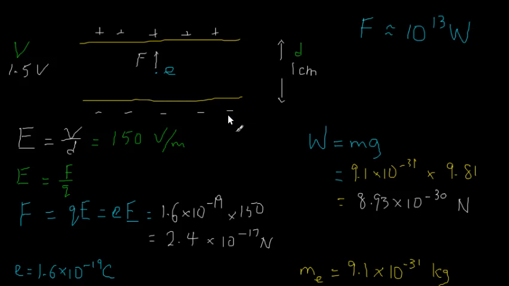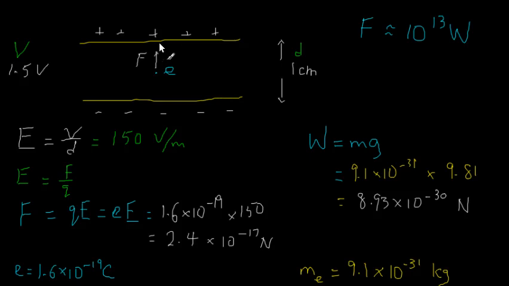So the electrical force is much bigger than the weight, and all this just with a simple 1.5 volt battery that we can buy from the shops, and just two simple pieces of metal plate. You can even use aluminum foil at a spacing of 1 centimeter apart.